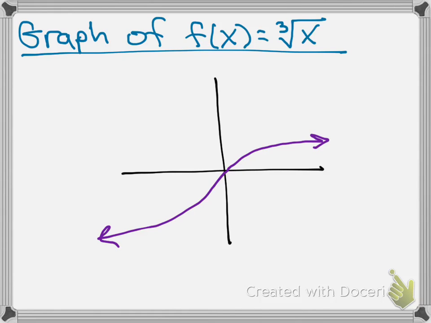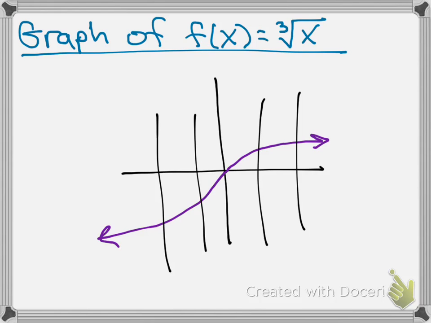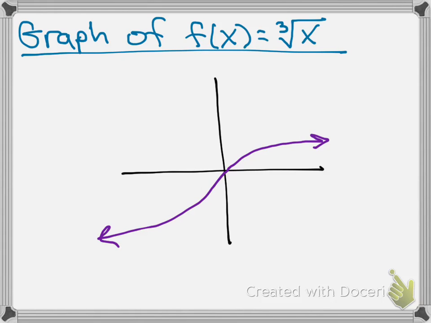Now with the cube root function, we don't need to worry about restricting the domain, because if you notice, if we perform our vertical line test on this function, I can pass any vertical line over our function that I want, and it only touches our function in one spot. So the cube root function, f of x equals the cube root of x, does pass the vertical line test. So there's no need to restrict the domain here.